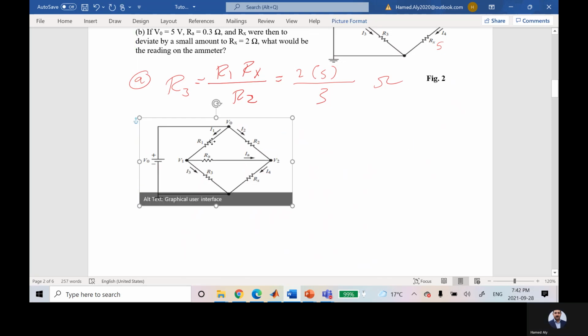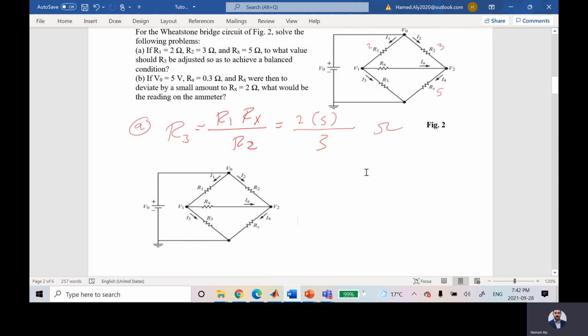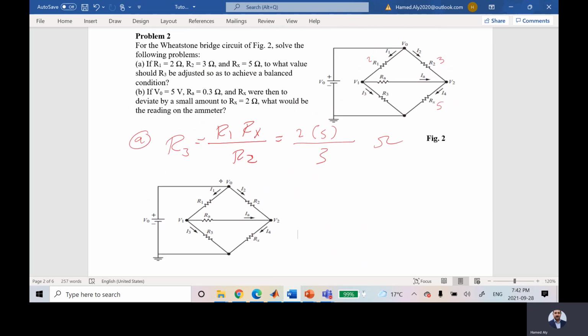So what he gave me for this circuit is the value of RA, which is 0.3. And he gave me VO, which is this guy, and it is 5 volts. And he said Rx is changed to 2. So Rx is changed to 2.